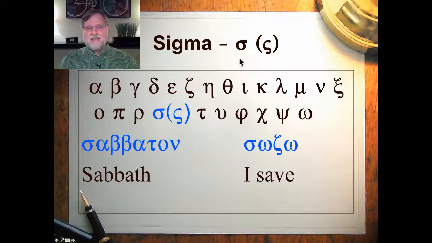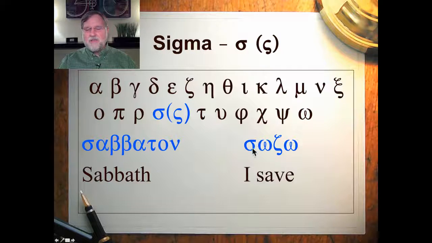It's the S sound. Two words to remember, Sabbaton. Notice the sigma there, and that's Sabbath. That's how they would say Sabbath in Greek. The other one is sozo. And this is an incredibly important word. It means I save. You can imagine how many times that's going to show up in the New Testament.